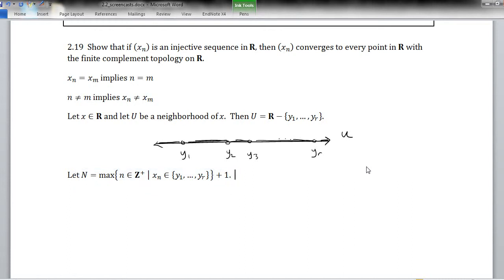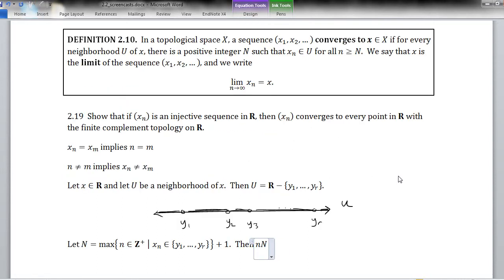So if I have that, then whenever n is greater than or equal to capital N, I need to show that x sub little n is in U. Well, if n is greater than or equal to capital N, then it's greater than the maximum of all of these indices such that x sub n is in the set of y's.